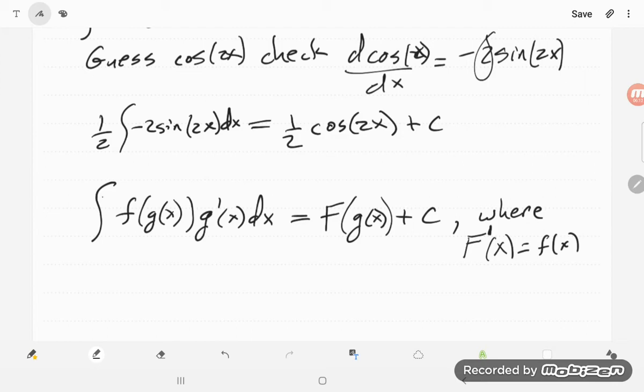And so that's the kind of thing we did with our guess and check, was we noticed that, oh yeah, we're trying to undo this chain rule here.